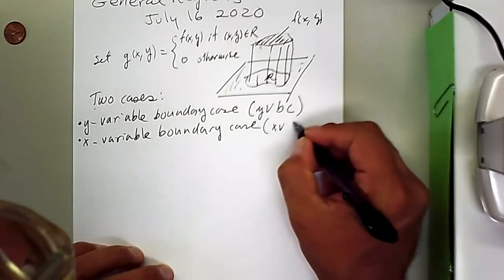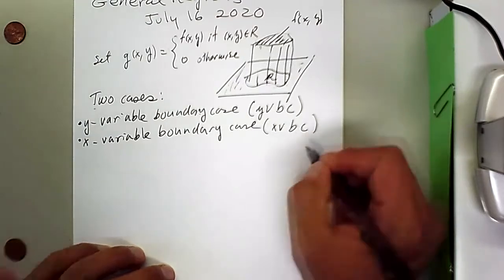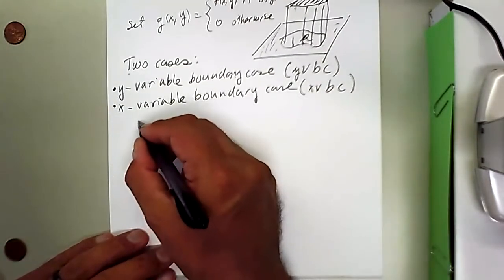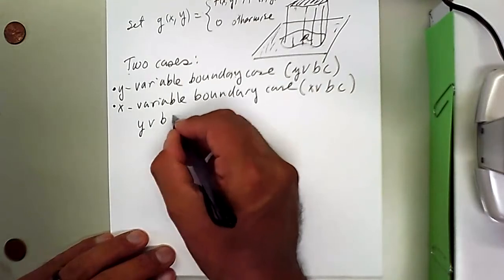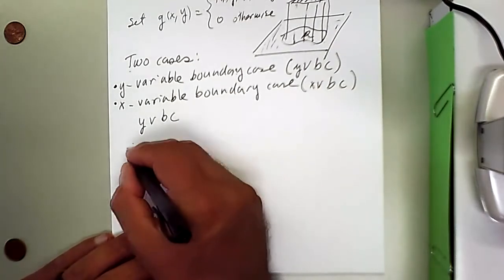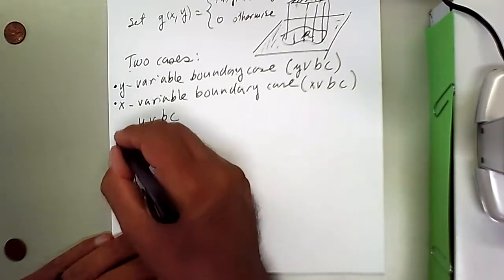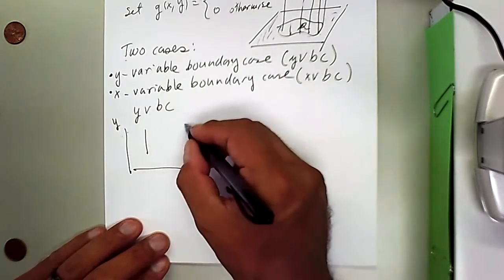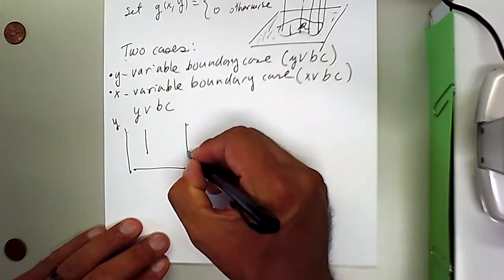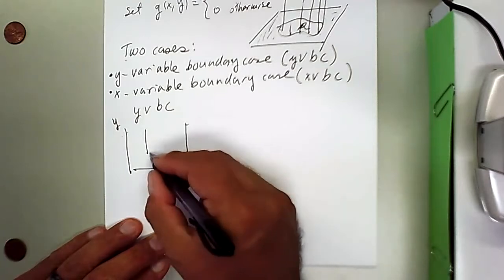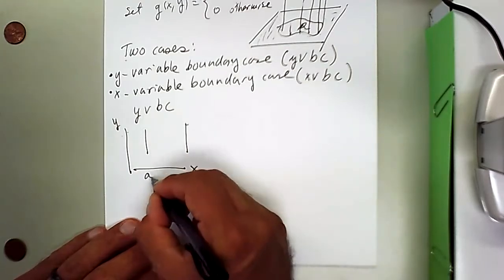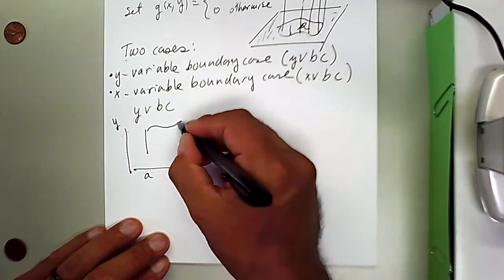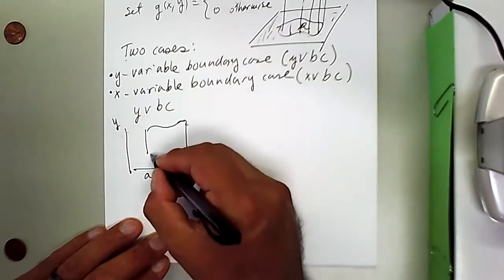The y variable boundary case on the xy axis, the standard one, looks like this. We have x fixed from, say, A to B, but y is not fixed. That's why it is a y variable boundary case.